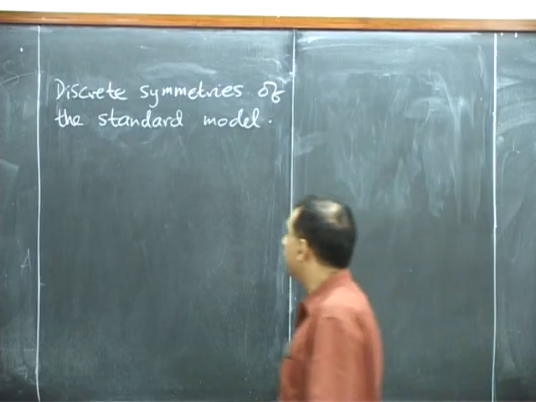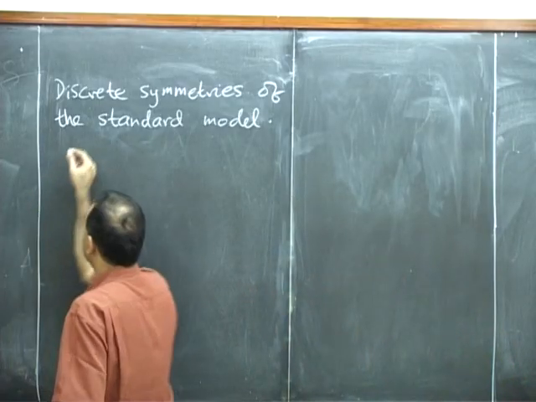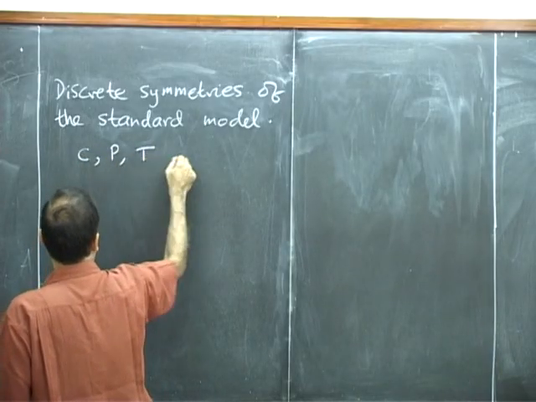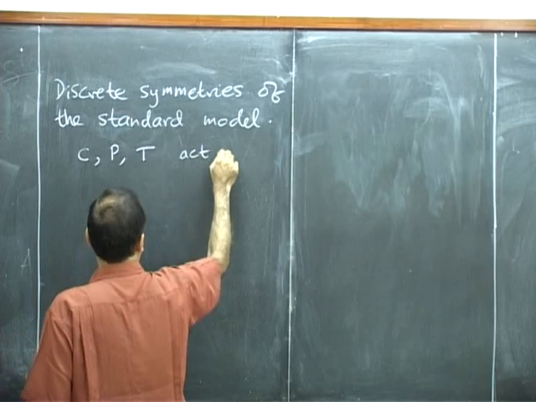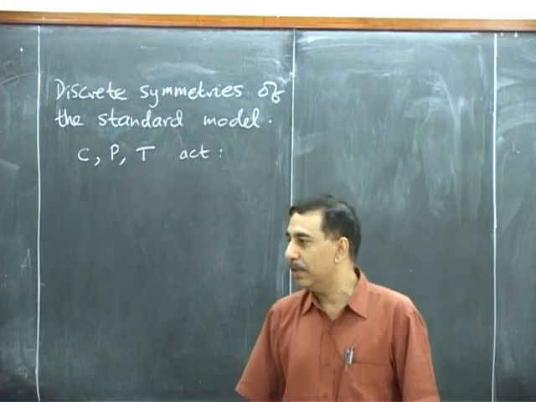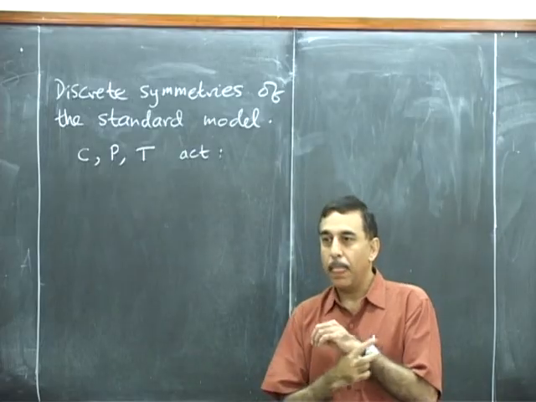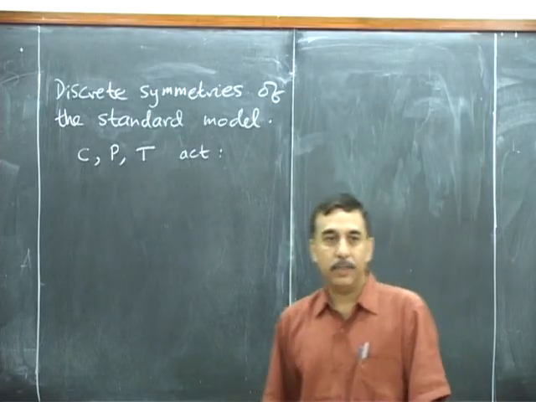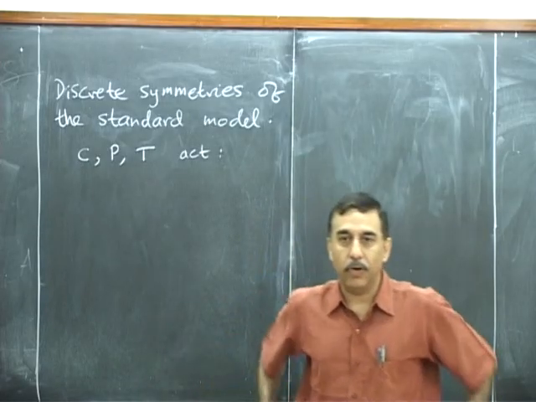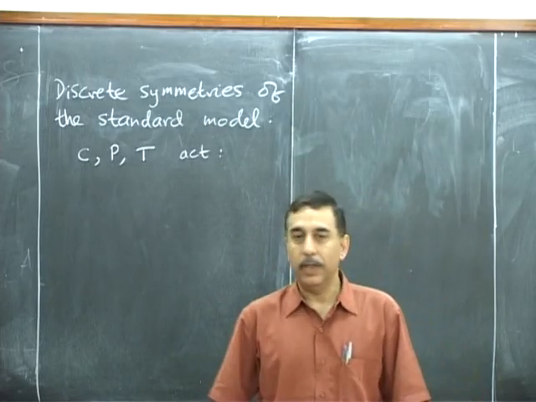So the first question, the question of concern to us is how do C, P and T act? Charge conjugation, parity and time reversal. As you probably know, we only have to answer two of these questions because exact CPT invariance is a necessary requirement for all four-dimensional quantum field theories.